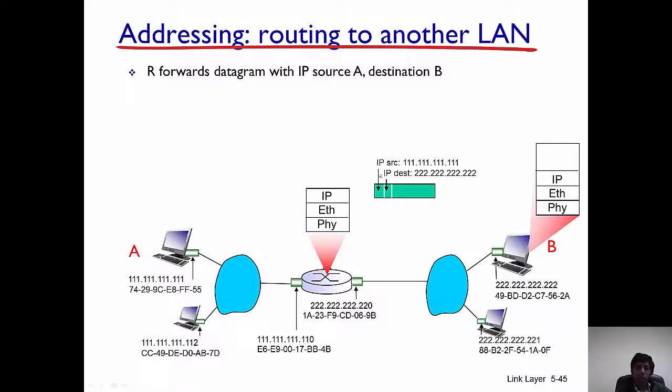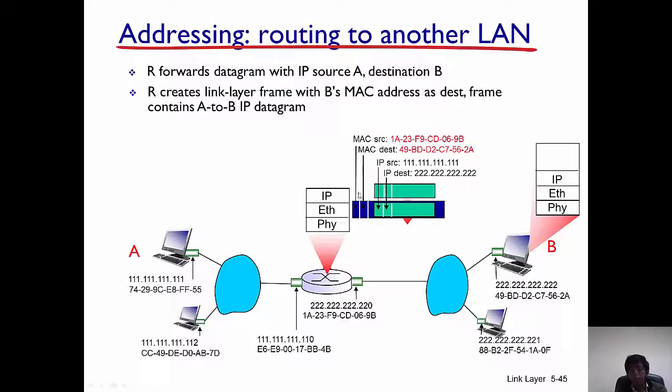Next, once again, the router is now trying to send the packet on behalf of A to B. So the IP source is the source address of A, and the destination is the destination address of B. And now when it goes to the link layer, what happens? It adds the MAC source and the MAC destination.